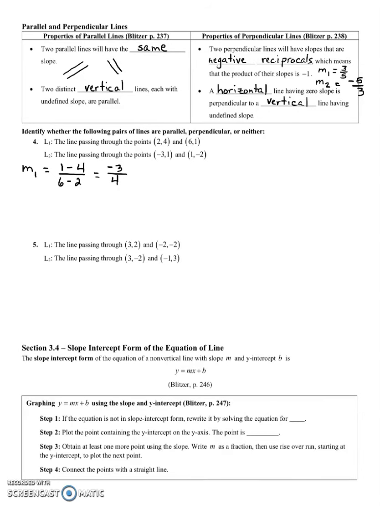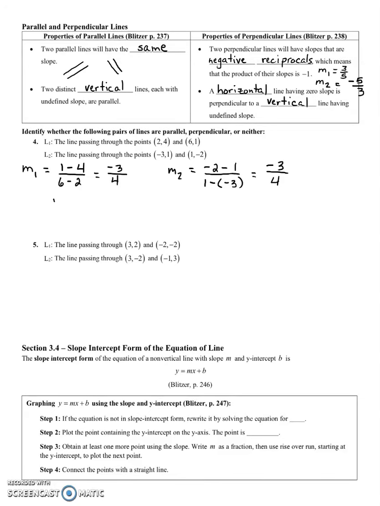So now let's do M2, the slope of the second line. That is -2 minus a +1 divided by 1 minus a -3. So -2 minus 1 is -3, and 1 minus a -3, remember subtracting a negative changes that to addition, so we have 1 plus 3, which is 4.